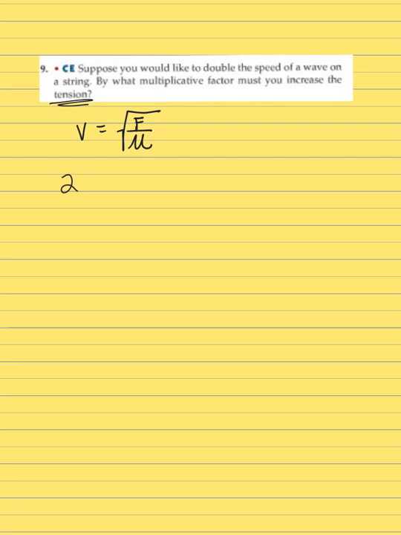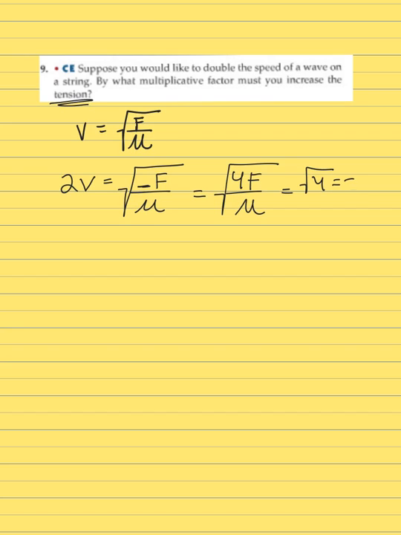If I wanted to double my velocity or speed, we have to think about what would happen to my force. So 2 wouldn't make sense because that's the square root of 2. And if I did 4, that would give me, as we know, the square root of 4 is 2, okay? So if I need to double the speed, I need to increase my tension by a factor of 4.